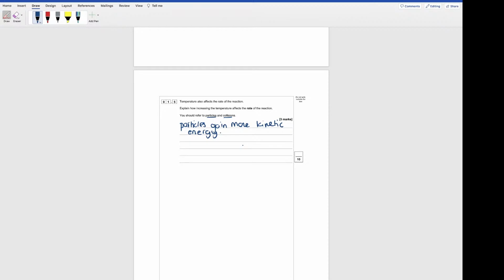So they're going to collide more. They're going to hit each other more frequently. And if they hit each other more frequently, there's going to be a greater chance that those collisions will be successful. So the rate of reaction will increase.